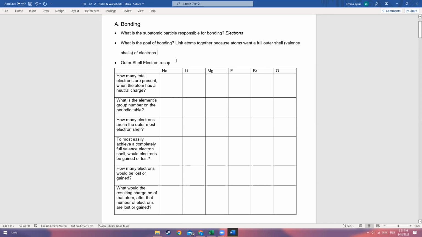How many total electrons are present when the atom has a neutral charge? By this point, intuitively, you may be thinking neutral charge, a charge of 0. That means the positive and negative have to cancel each other out. So if our only positive subatomic particle is a proton, we need to find out how many protons there are in order to know how many electrons will cancel that out.